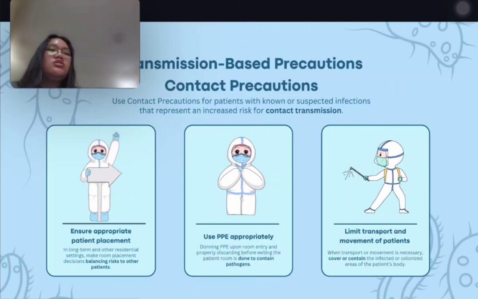Since the transmission-based precautions are used on top of the standard, there are some precautions that are derived from the standard. First we have ensuring appropriate patient placement, using PPE appropriately, and now we have limiting transport or movement of patients. When transport or movement is necessary, we cover or contain the infected or colonized areas of the patient's body.